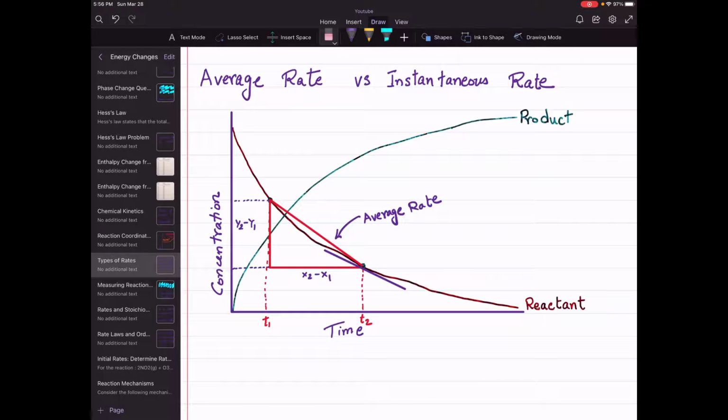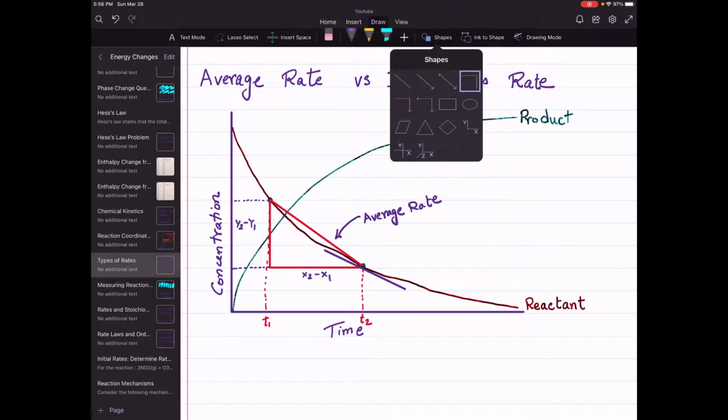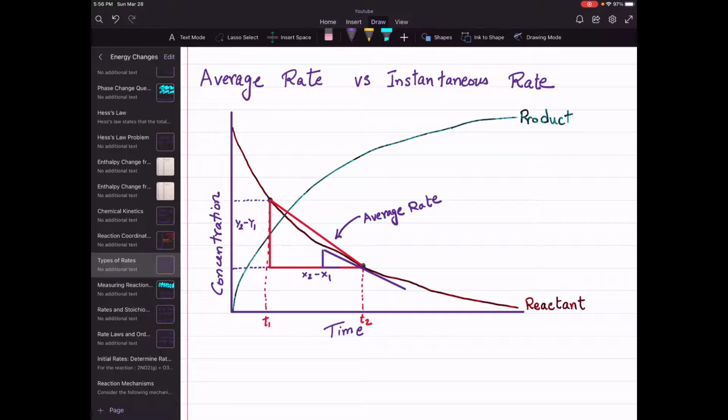So we'll have to draw a tangent onto the curve, which is connecting to the curve at T2. And then we will have to find the rise and the run at T2. If you can find the rise and the run at T2, that is going to give us the instantaneous rate.